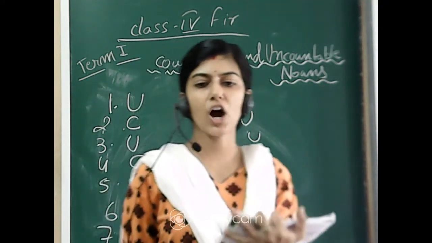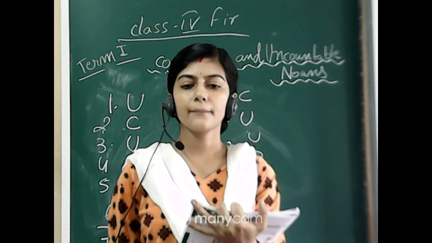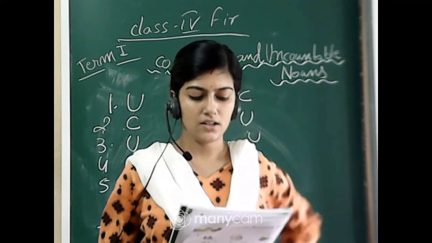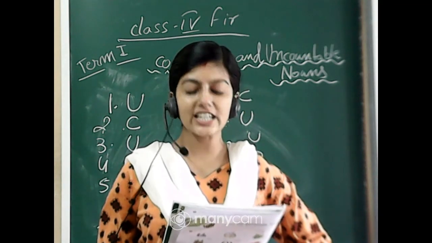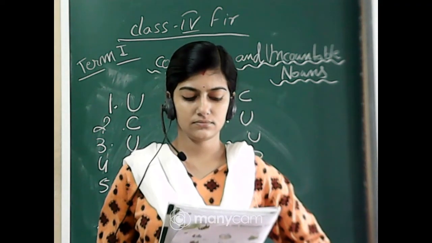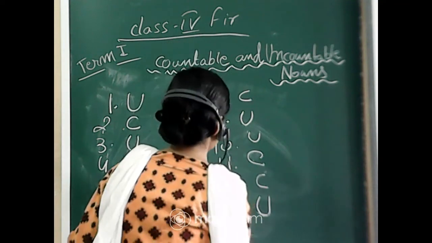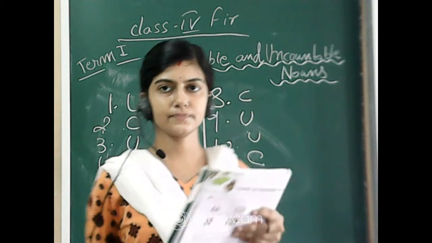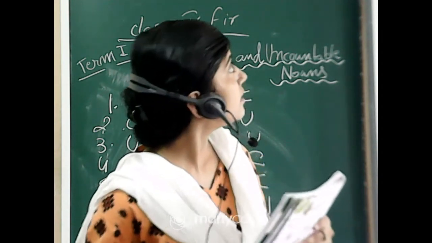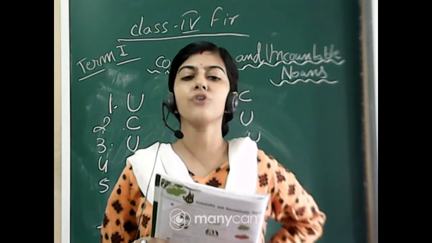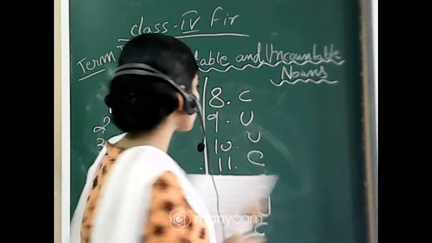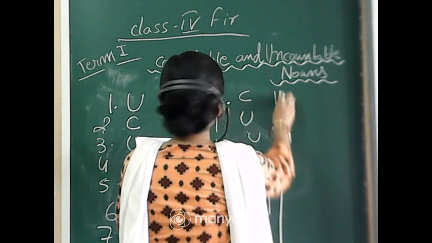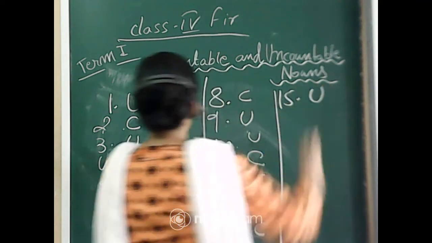Uncountable, because there are many fruits. Number 14, mango. Countable, because one by one you can count mangoes. Number 15, food. Is food countable or uncountable? Uncountable.